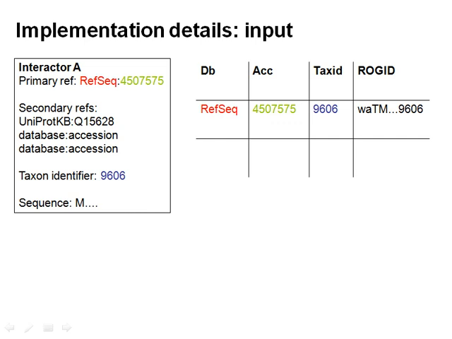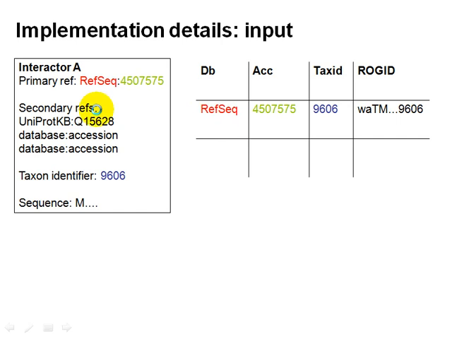I'm just going to concentrate on one interactor because we do the same thing for all interactors that we find in all interaction records. What we've done is we've pre-calculated a table that contains a lookup of all of the database accession pairs and the expected taxon identifier with the SHA-1 digest key appended to the taxon identifier, and that's the ROG ID. Then what we do is we simply look first at the primary reference to see whether we have this in our table.